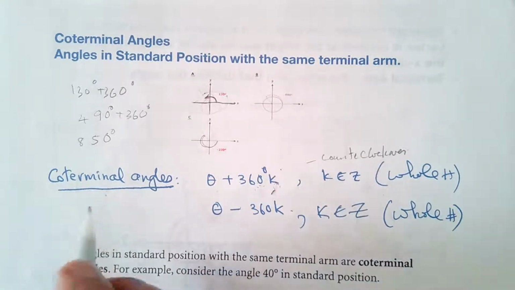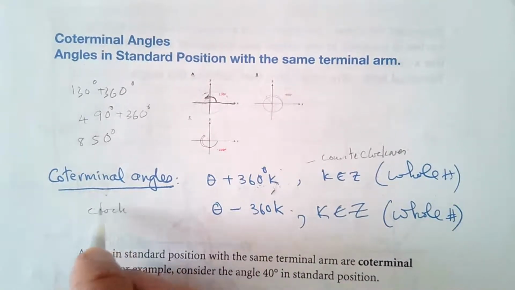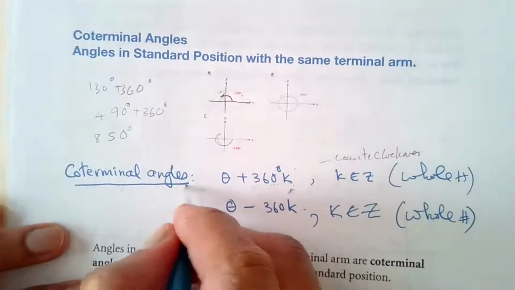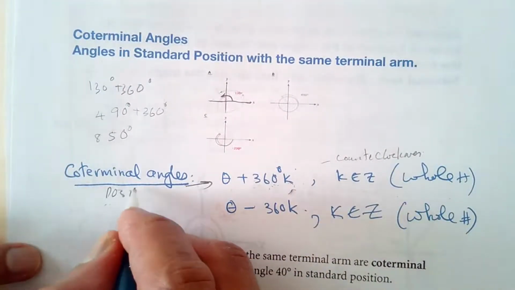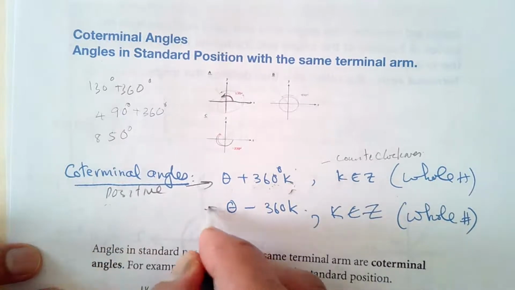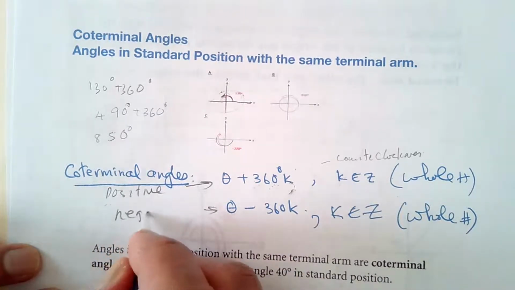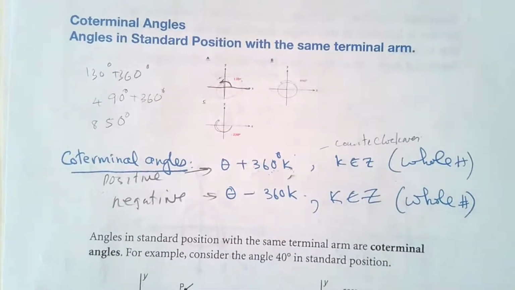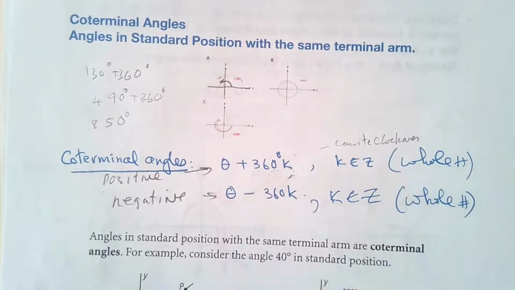If it's clockwise or negative, so this is positive, and this is negative, it's theta minus 360 degrees times k. So the measure of any angle coterminal in standard position can be written in this form.